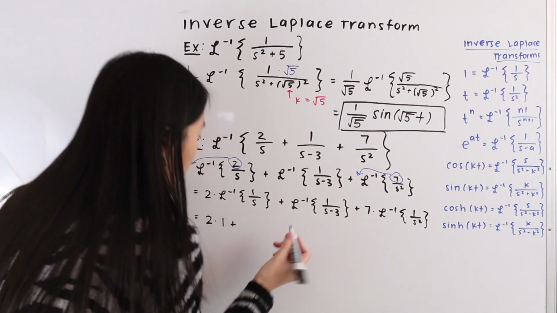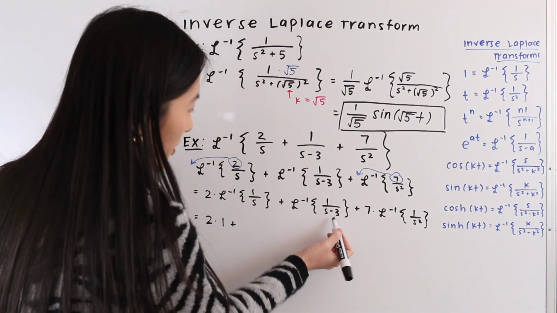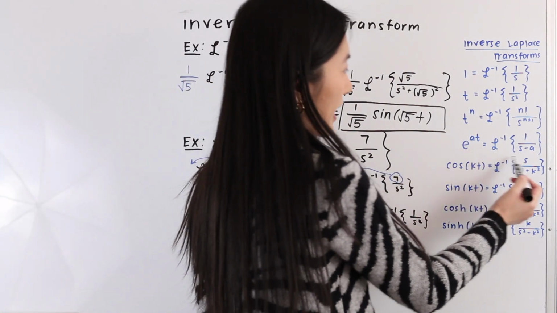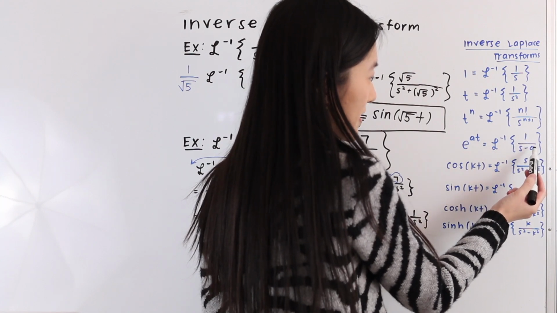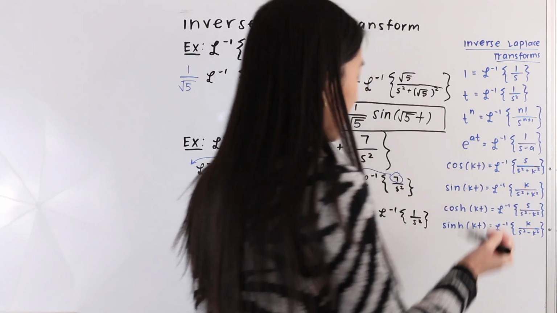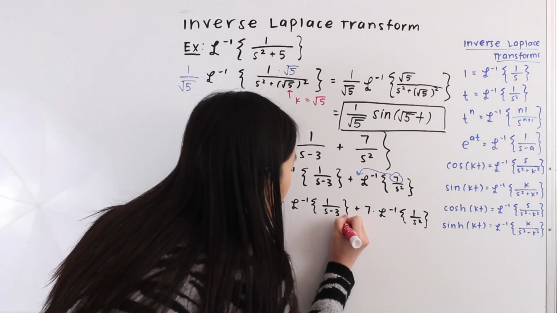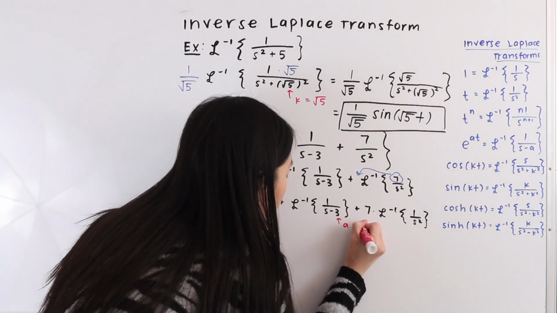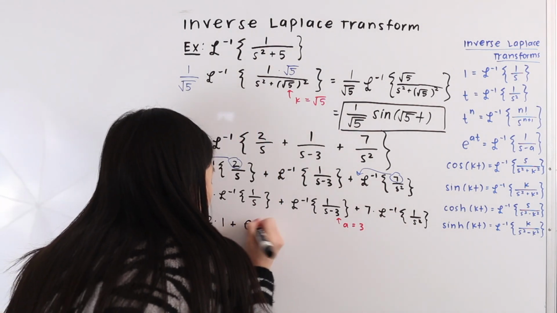And then we have the inverse Laplace transform of 1 over s minus 3. And so we have this case here. So the inverse Laplace transform of 1 over s minus a is equal to e to the at. And here, a is equal to 3. And so we have e to the 3t.